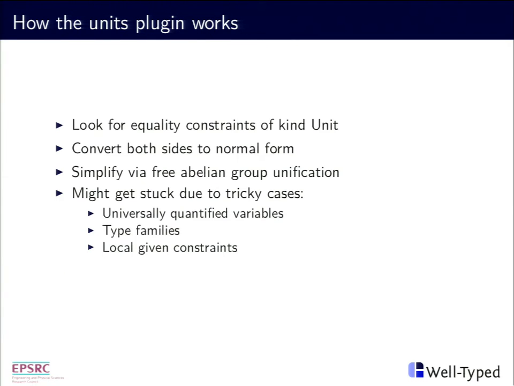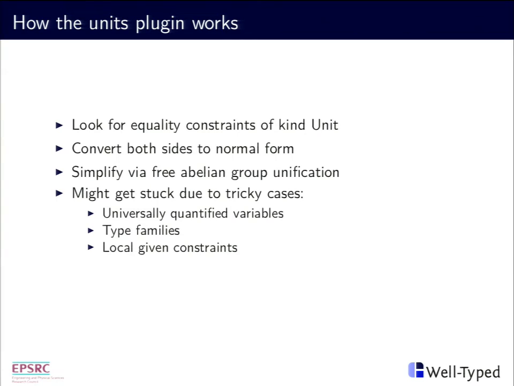I'll skip through this in the interest of time. But essentially, how does the constraint solver work in this case? We're going to look for equality constraints involving the kind unit that I showed you, and then normalize those constraints up to the theory of abelian groups and perform simplification using a free abelian group unification algorithm based on Andrew Kennedy's work.